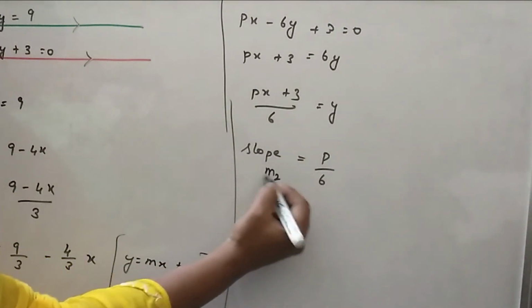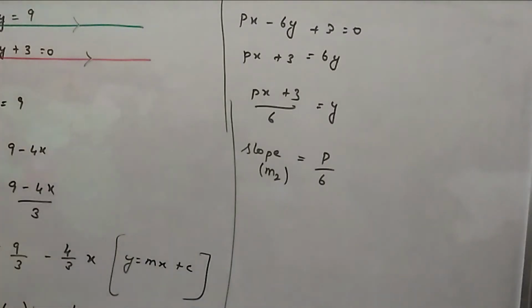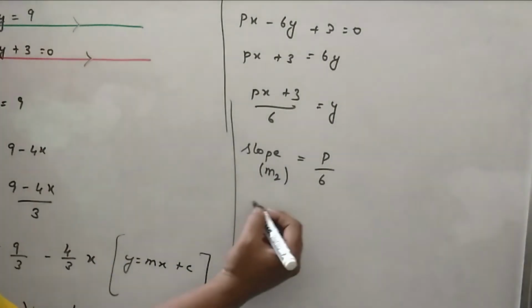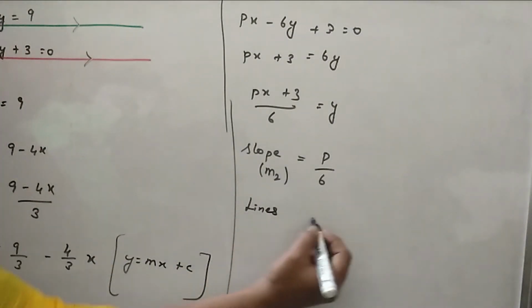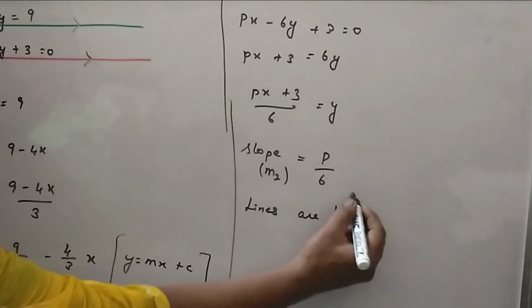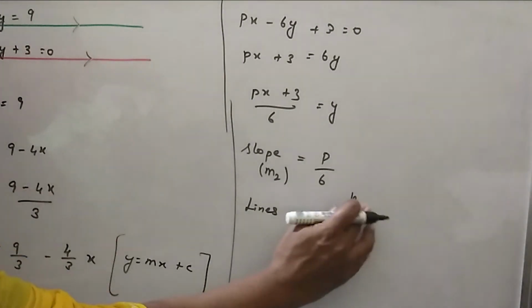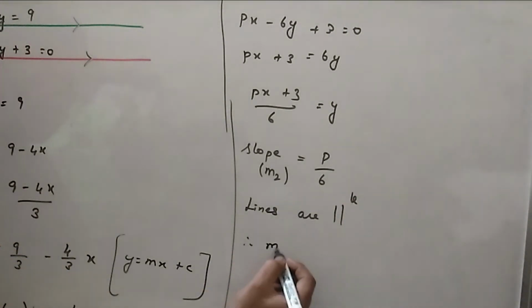You take it as m2. Okay. Lines are parallel. Therefore, m1 equal to m2.